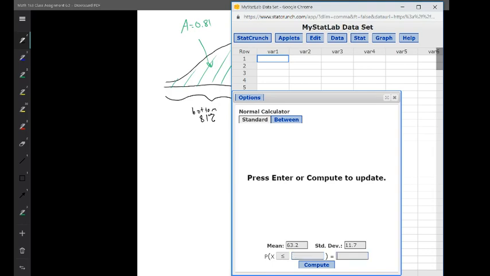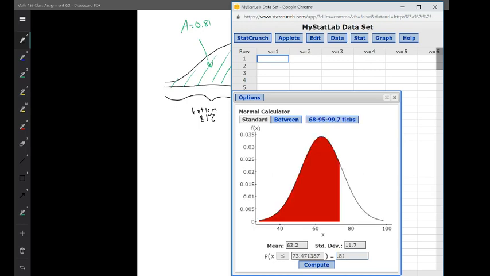Type it in the area box, 0.81, compute. Okay, so 73.47 is the x score.